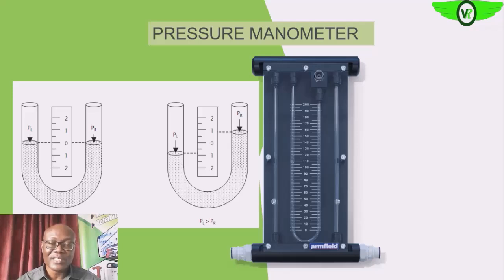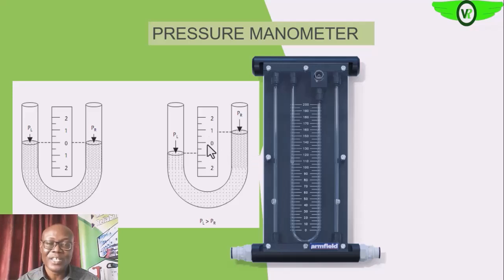If you look at it, you will see that the water on the right has been displaced. The distance between here and here is about 2 units. That could be calibrated to give us a direct reading of the pressure.